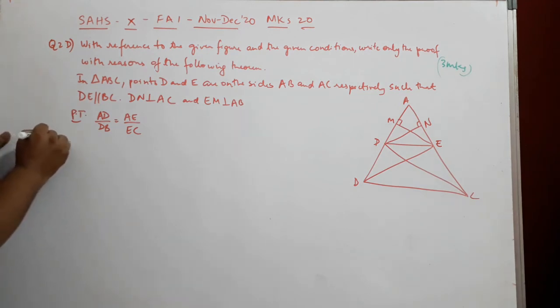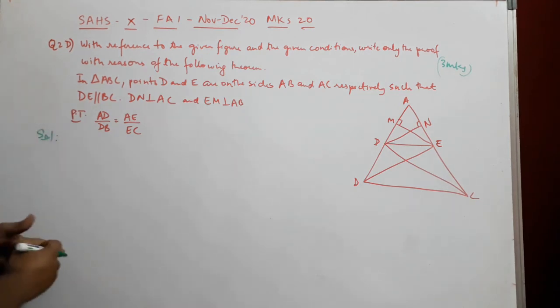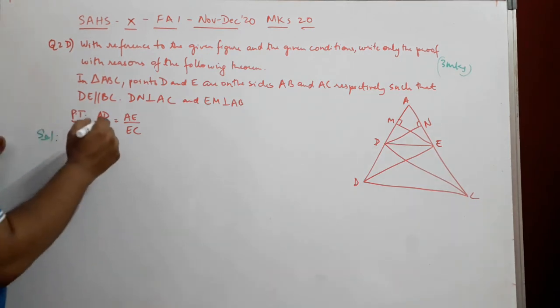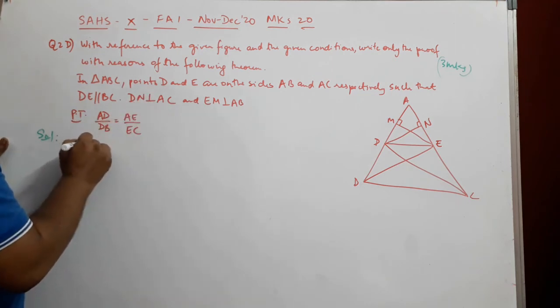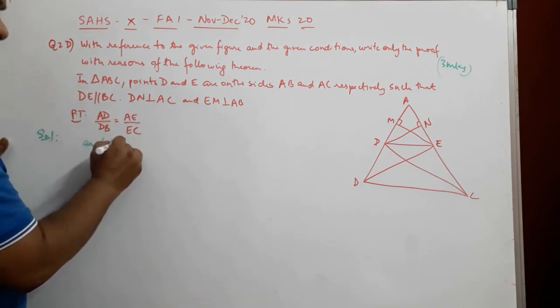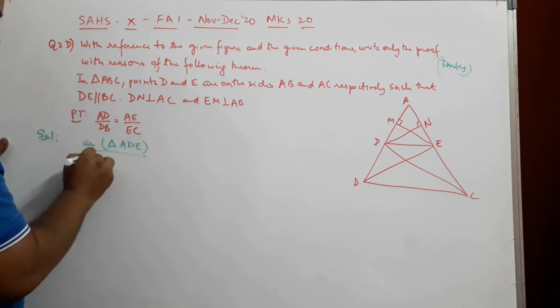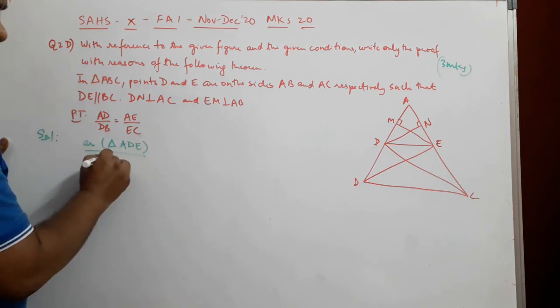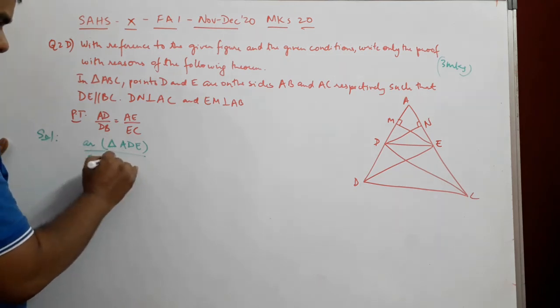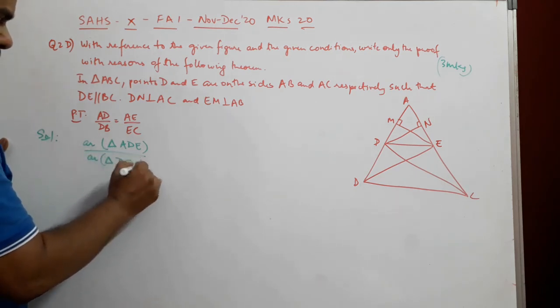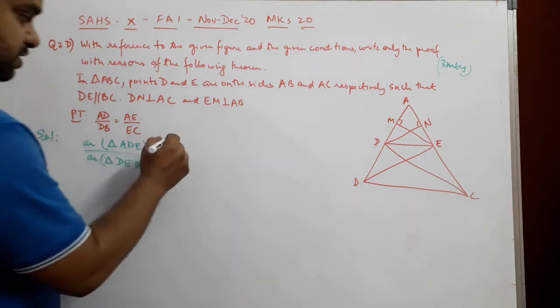Beginning with the solution, we first take area of triangle ADE upon area of triangle DEB. Area of triangle formula is half base into height.